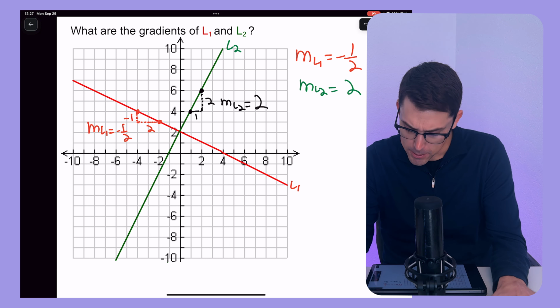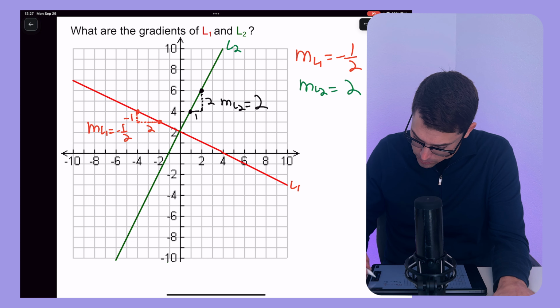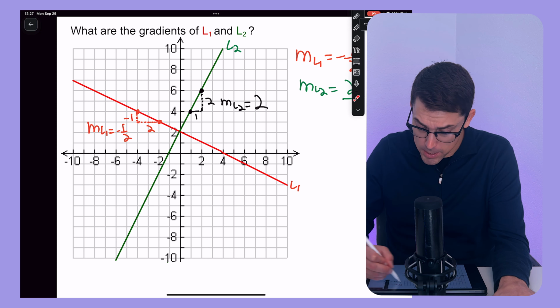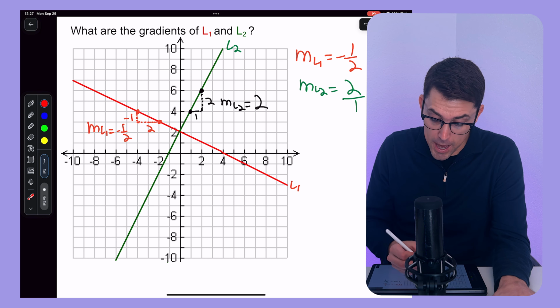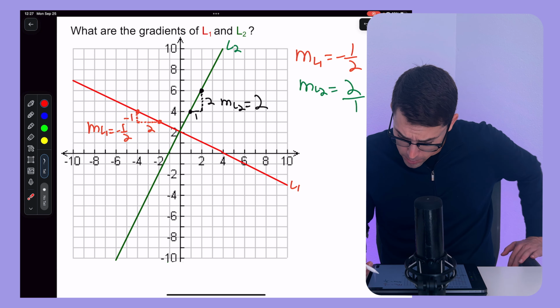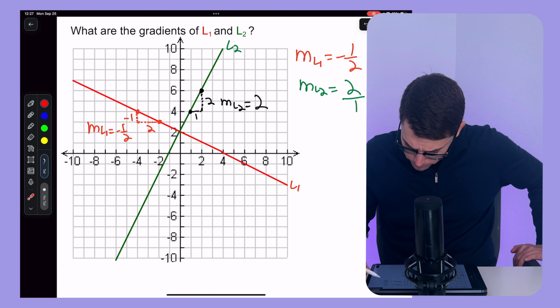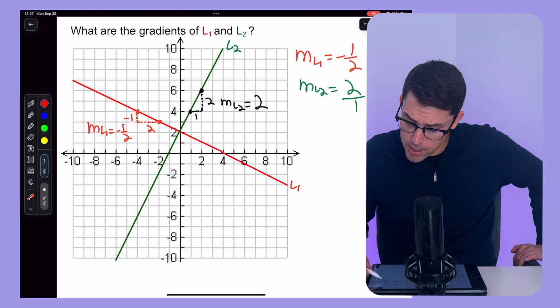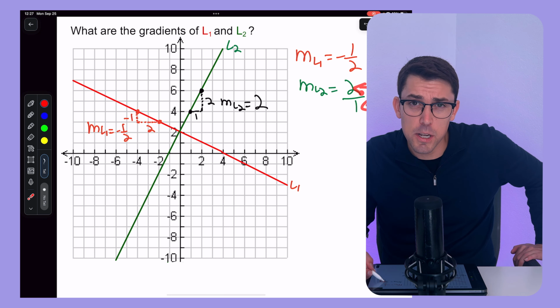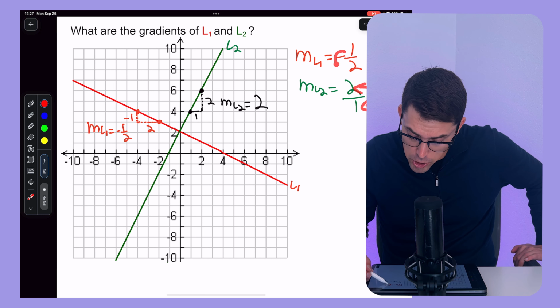And what you'll notice is, especially if I write this as 2 over 1, that whenever we have perpendicular lines, meaning that they are making a 90 degree angle, that they are orthogonal to each other, the difference between these two is that the numerator and denominator are switched, also called a reciprocal. And then we also change the sign.